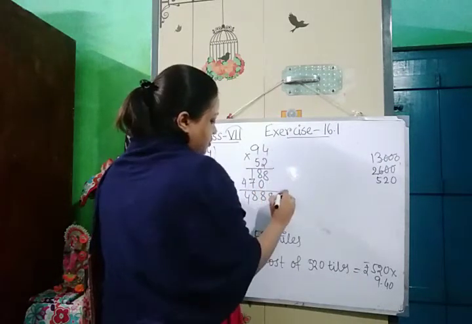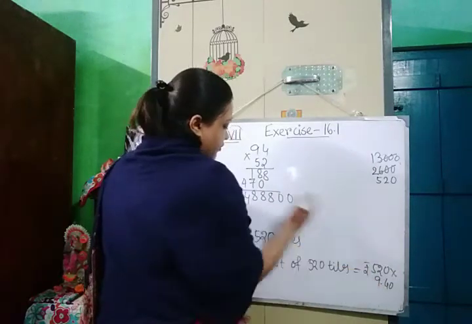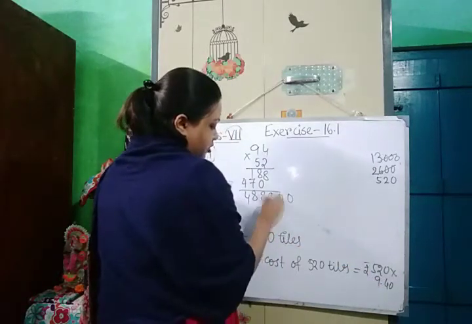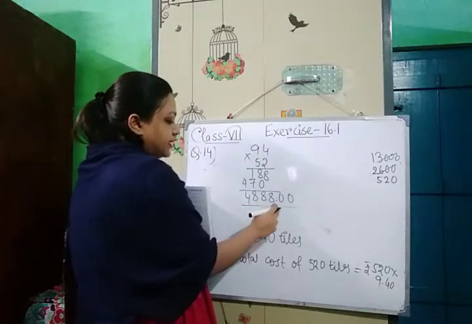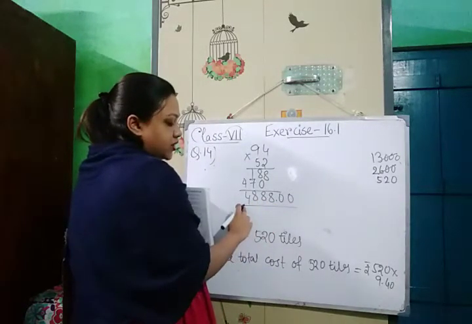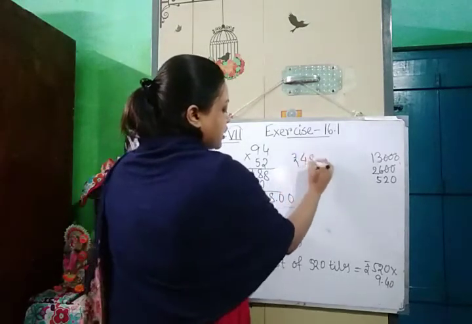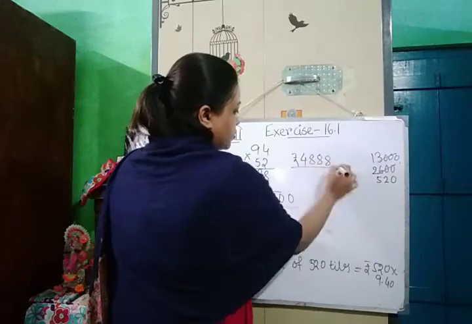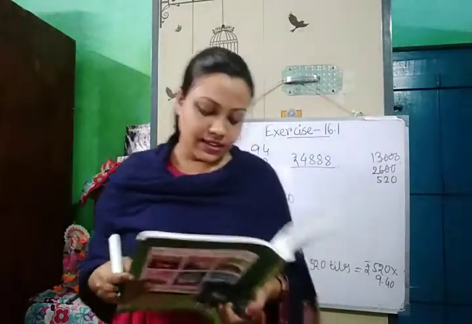So here we will put 10 and here we will put 10, and the point is after 2 digits, before 2 digits, so the point will be here. So it's rupees 4,888. So rupees 4,888 is the total cost of tiling the room. Okay, I hope this is clear.